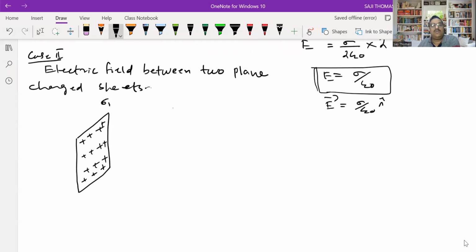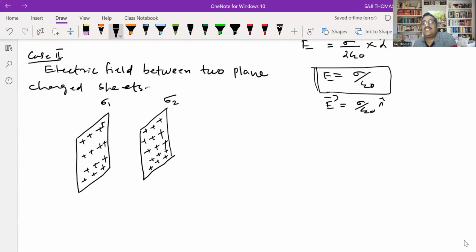And I am placing one more parallel sheet like this near it. This is also, say, positively charged. This charge density is sigma 2. So take two thin charged sheets. Charge densities are sigma 1 and sigma 2. They are placed parallel to each other.